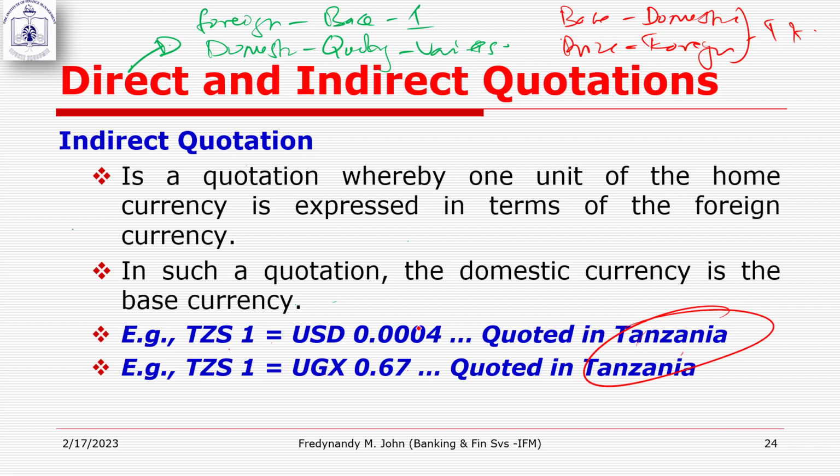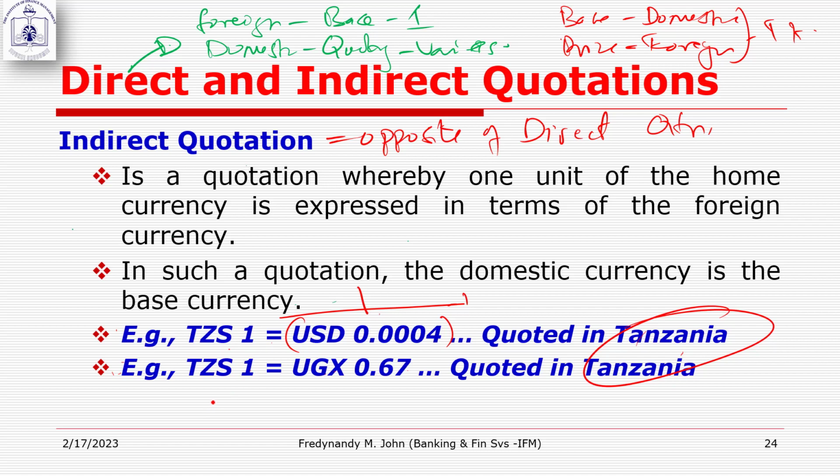Please note the following. Indirect quotation is the opposite of the direct quotation. That is to say, if you are asked to compute the direct quotation of these two expressions, all you have to do is to reciprocate. To reciprocate means 1 divided by this number. If you reciprocate this figure here, you will get a direct quotation of these two currencies.